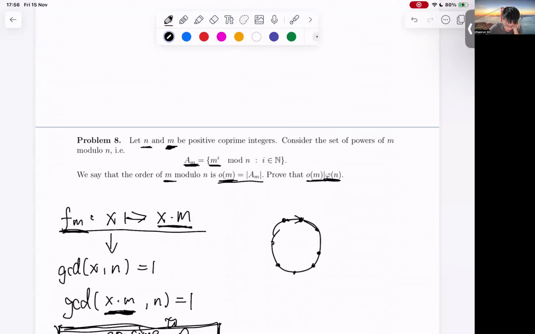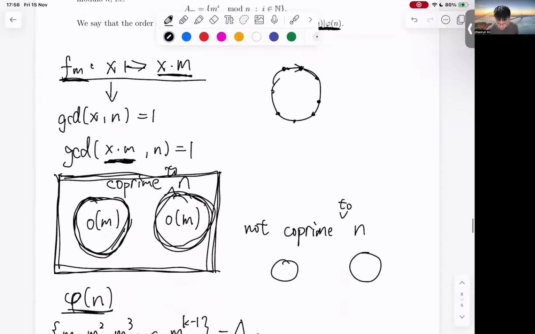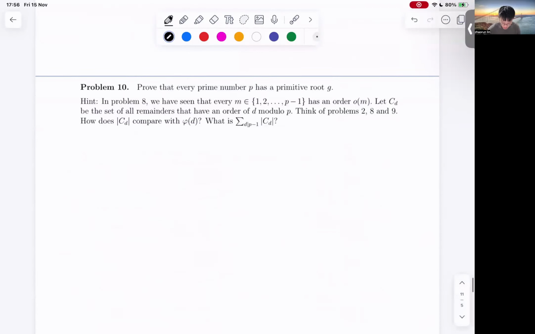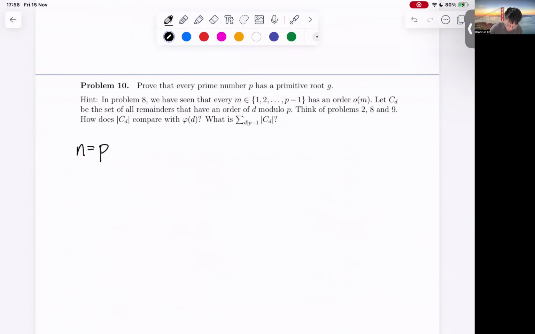Every element that is smaller than p should be co-prime to p, from 1 to p minus 1. So we can use this proved fact that if n and m are positive co-prime integers, then the order of n divides the Euler totient function of n.